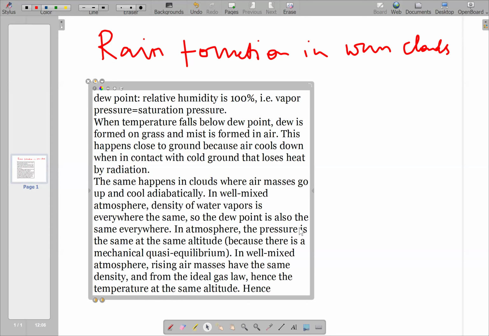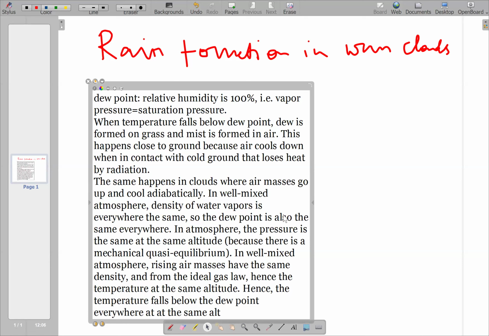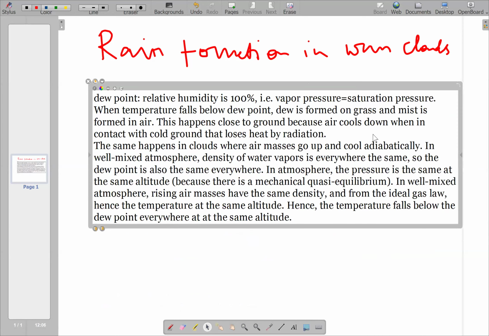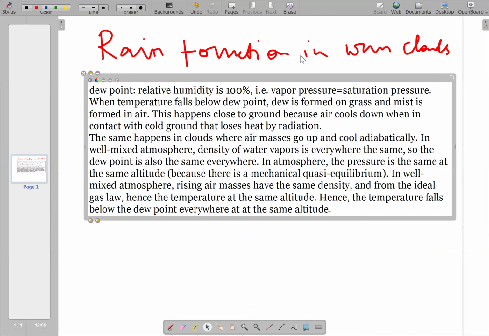And now, hence, the temperature falls below the dew point everywhere at the same altitude. Does it make sense? Is it clear enough? A lot of text, but I think it mostly covered what we discussed.